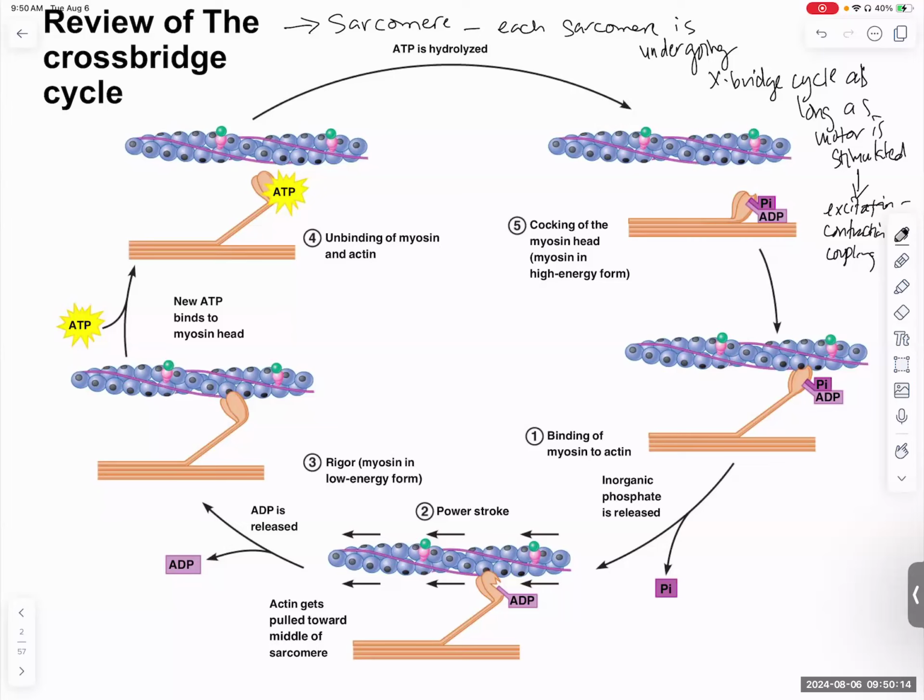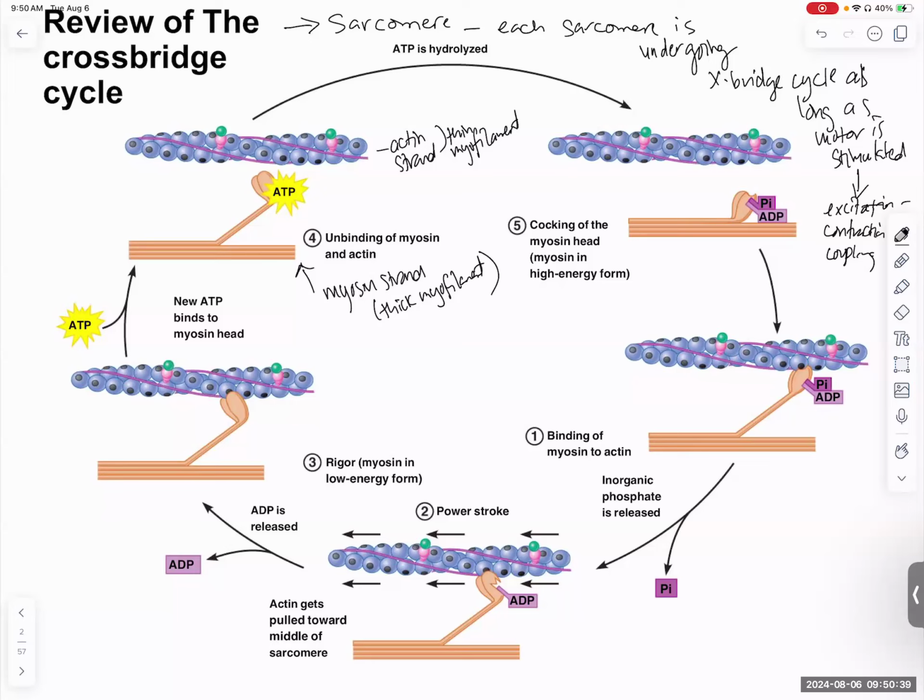So we have the actin strand, which is also known as the thin myofilament. And then we have the myosin strand, which is also known as the thick myofilament.